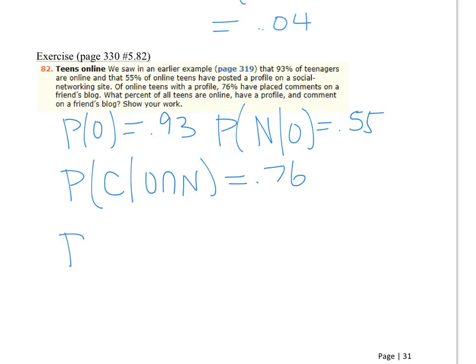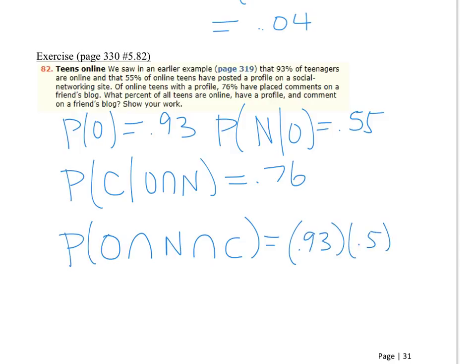So if I want the probability then of all teens who are online, have a profile on a social network, and comment, this multiplication rule extends to these 3 outcomes, and you just take the 0.93 times the 0.55 times the 0.76.